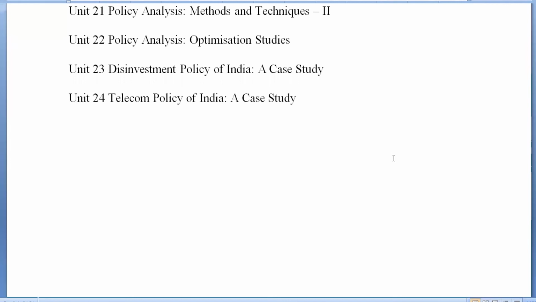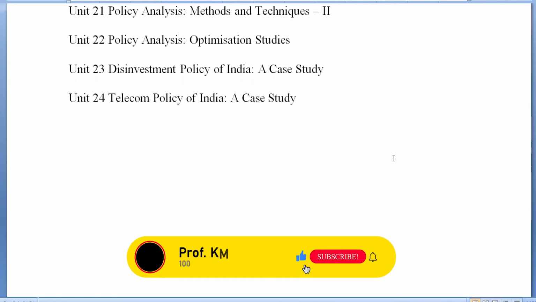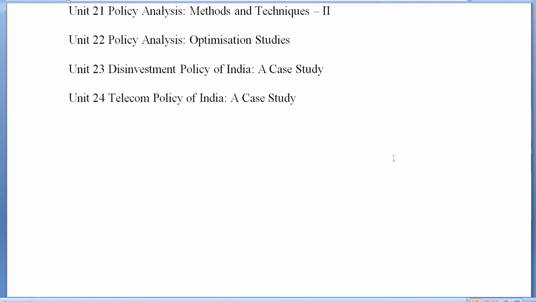When they are likely to appear for the term end examination, compulsorily they should have answered the assignments that are given to them prior to the term end examination.